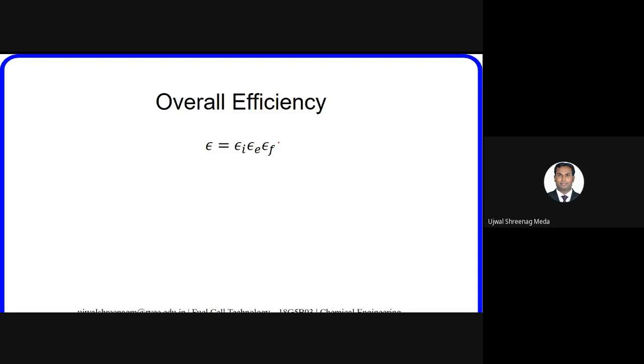This loss is also defined as polarization, over potential, over voltage. So these are different terms used for the same thing. So if we take the example of activation, it can be called activation loss, activation over potential, activation over voltage, or activation polarization.